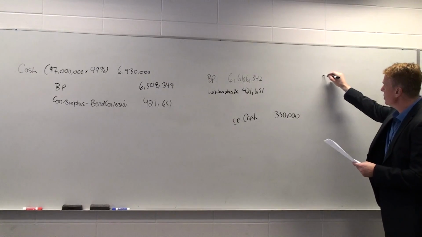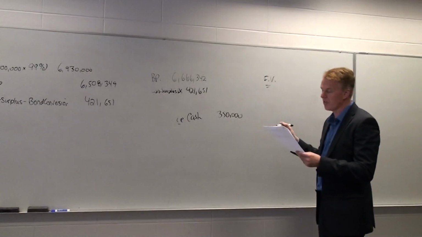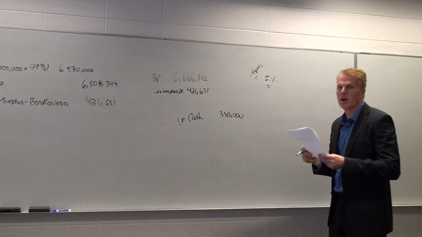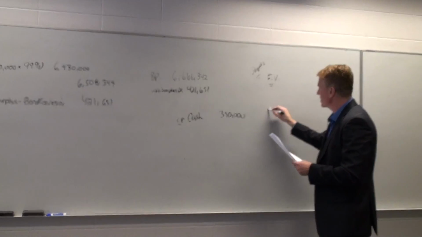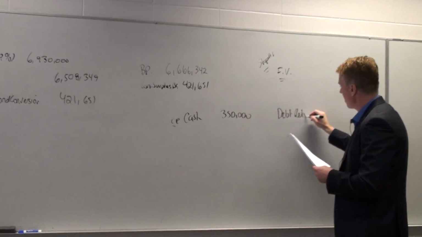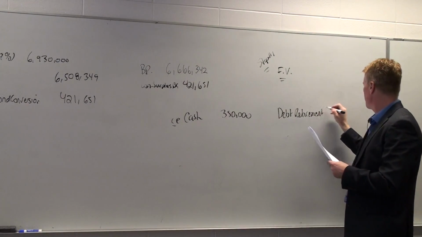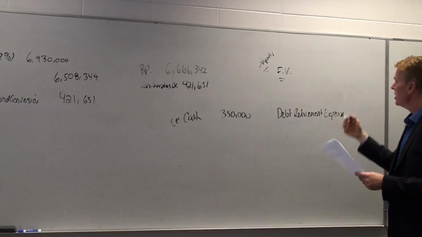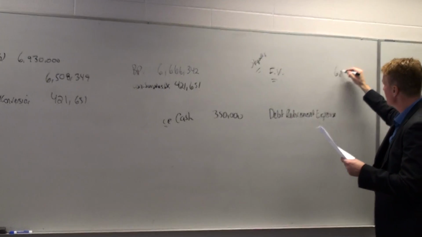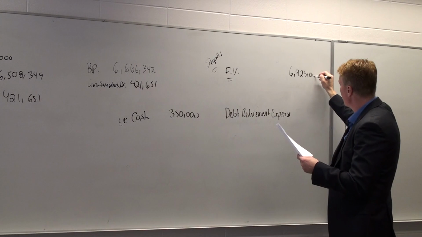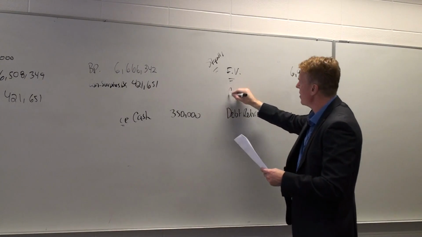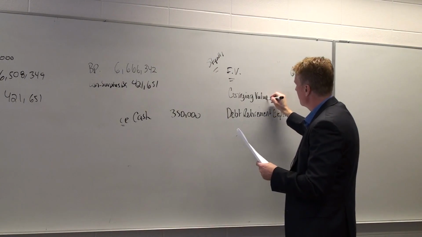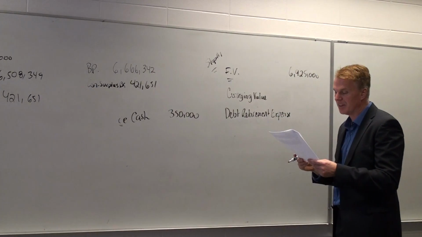So here's where we need to look at the fair value. So step number 1, we need to figure out what is our debt retirement expense. That's what we're looking to solve here. So the fair value of our bonds, $6,925,000. Well, what was the carrying value? At the time, we basically had this converted.